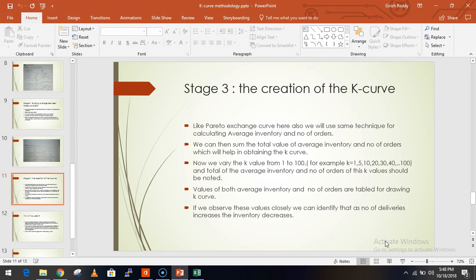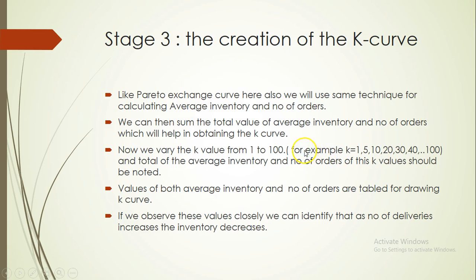Now we vary the K value from 1 to 100 as I show here. For example, K can be varied like 1, 10, 20, 30, 40 and so on till 100, but the K value should be between 1 and 100 only.